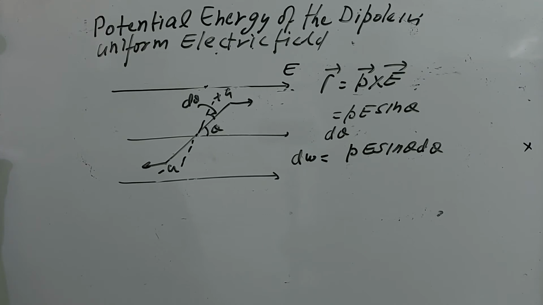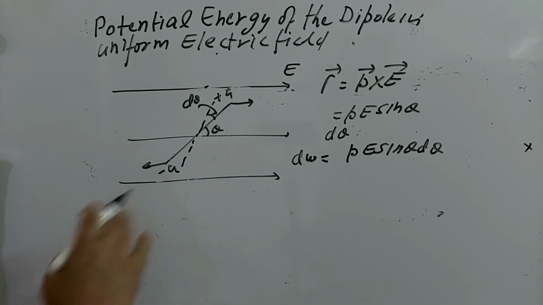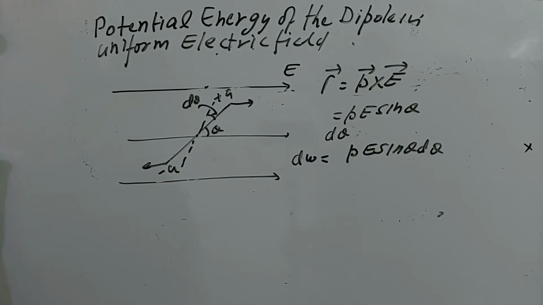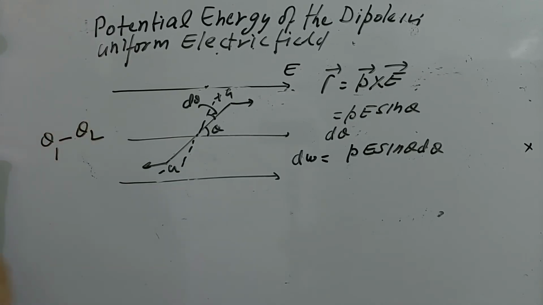And suppose now we can say the initial position of this dipole is making angle theta 1 with the direction of the electric field, and finally it is to be taken in a position where it makes angle theta 2, means from theta 1 to theta 2 it is to be moved.